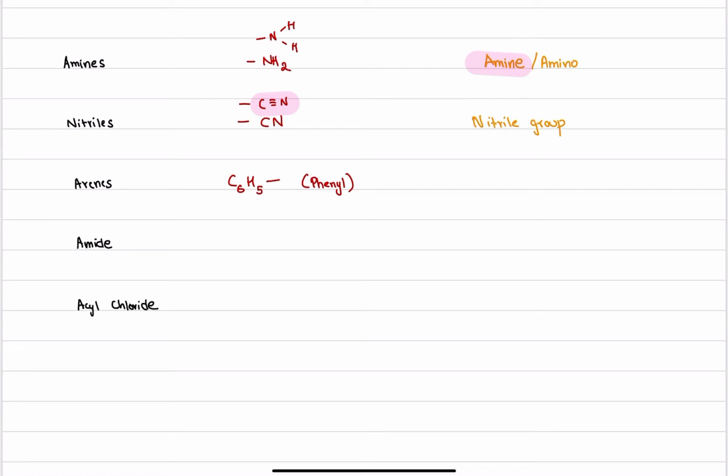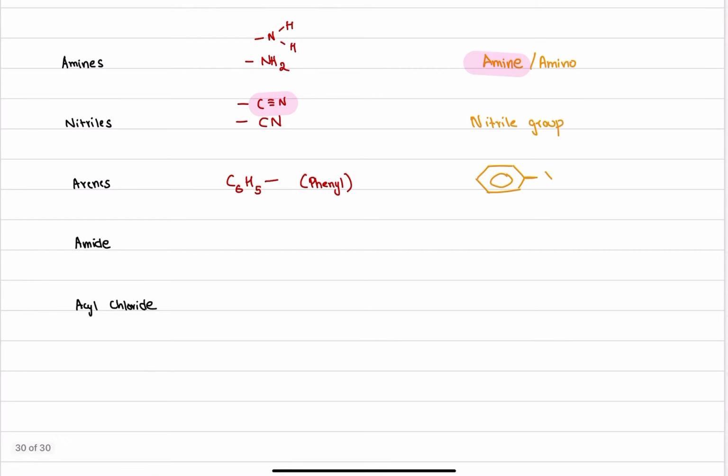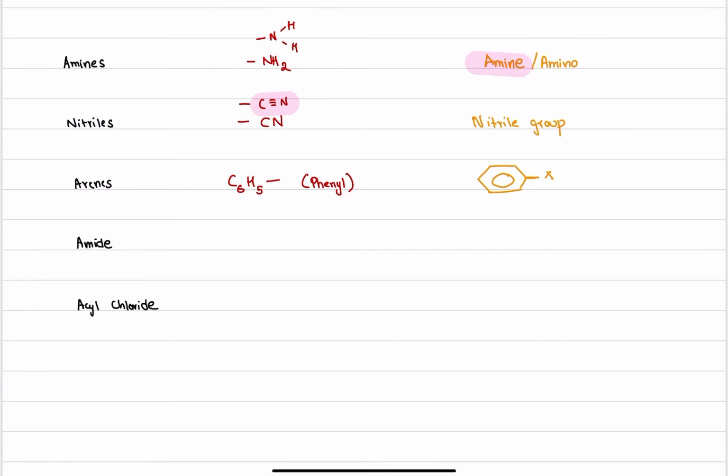We usually call it benzene. Whatever is attached, if we are asked to mention which group is involved, we usually call this a benzene group, or if you want you can write the phenyl group. It looks something like this. So same as benzene, but something is attached onto it, and this can be anything at all.